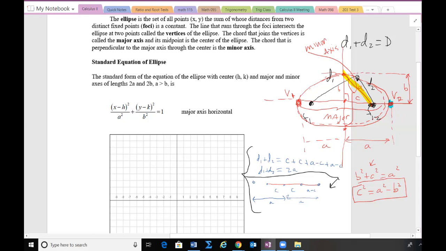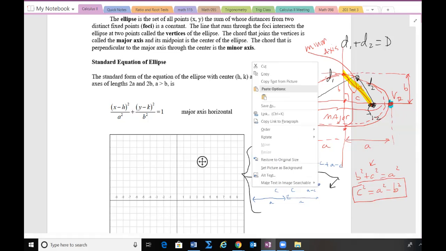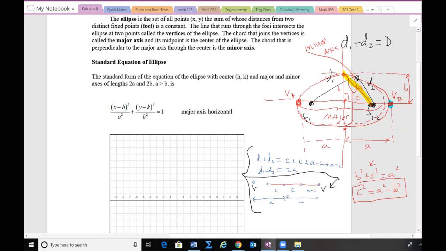This is the focus. So there's a vertex here, and here's another vertex on this end. And here's the center. Okay, and the distance from the center to a focus is C. Okay, so now you have to imagine that this D1 plus D2 has been collapsed on itself, and it's measuring across here and then back this way.